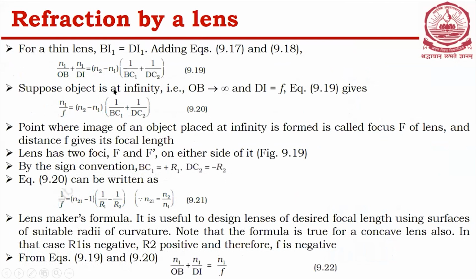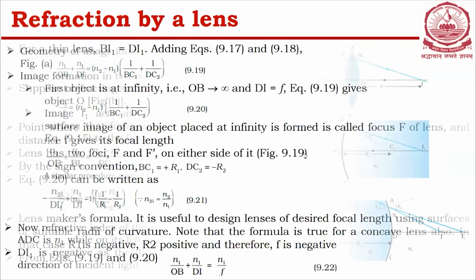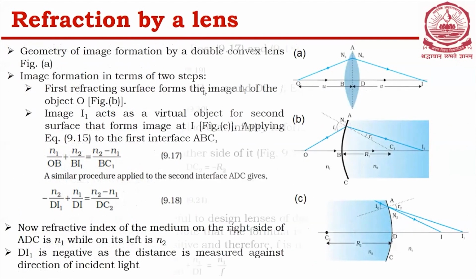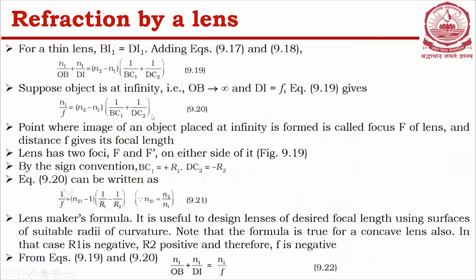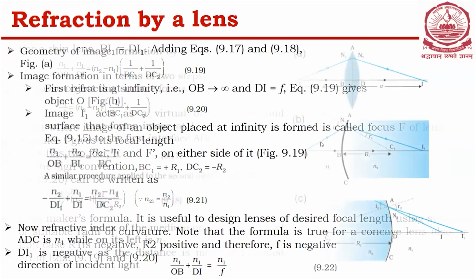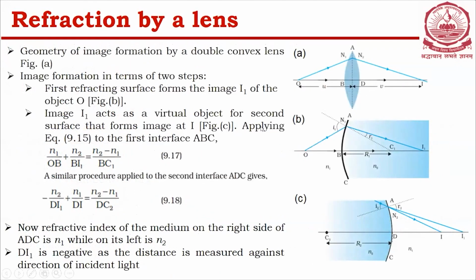Suppose you take the object point at infinite distance, then OB becomes infinity, so this term becomes 0, and DI is nothing but your focal point, because light rays from an infinite object will focus at the focal point.